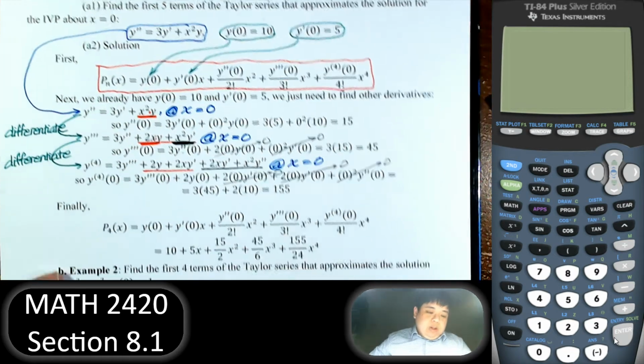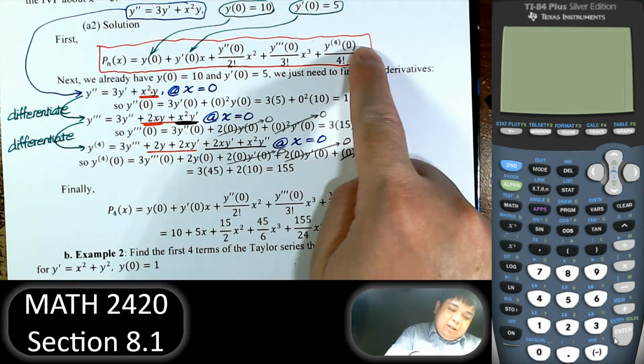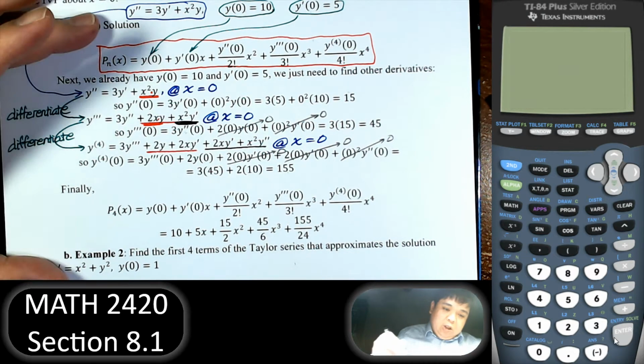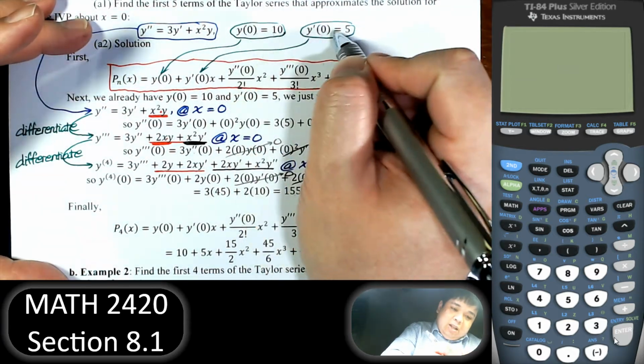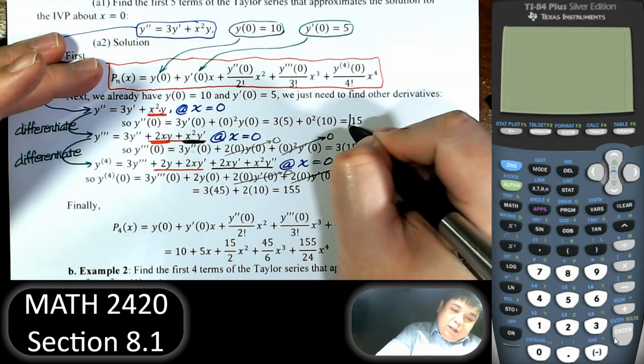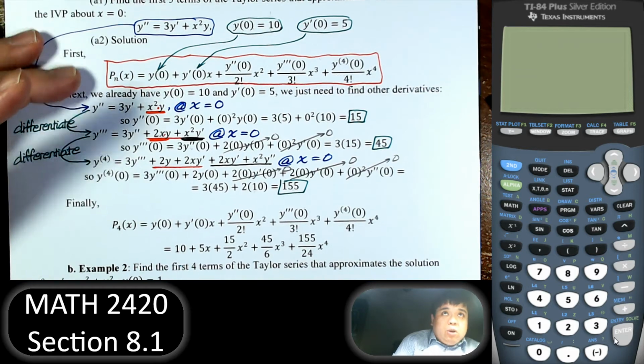And finally, we substitute into this, right? So we have the values 10, 5, 15, 45, 155. Those are the values.